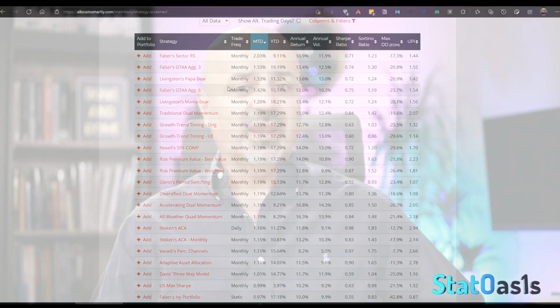And the nice thing is they use the most liquid ETFs to implement the strategy. Sometimes strategies come from academic literature, so they are not, let's say, meant to be practically invested in. So AllocateSmartly takes that, but uses only liquid ETFs, so anybody can invest in that strategy.